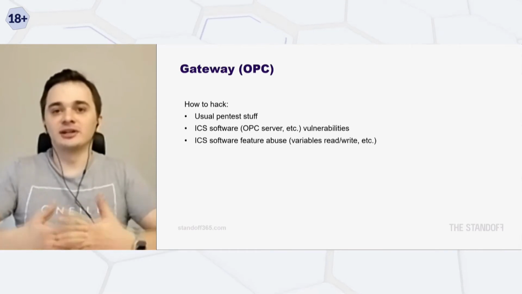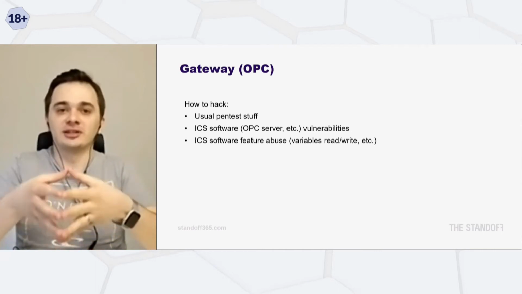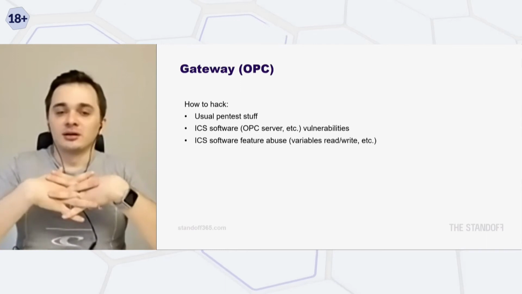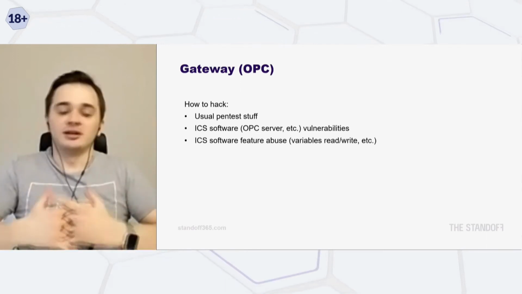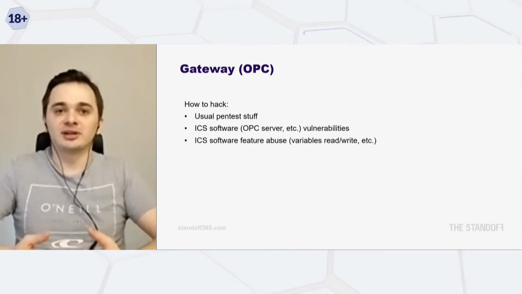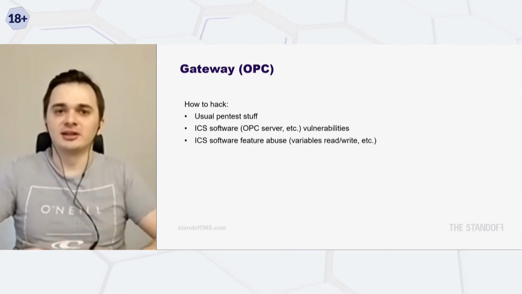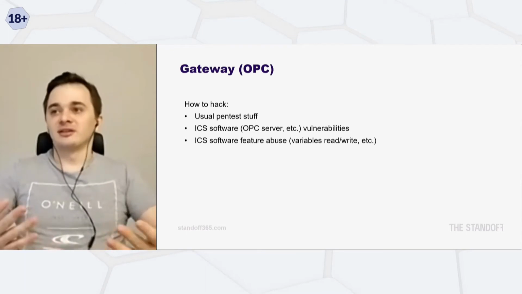And we begin with the OPC server. As I have already explained, the OPC server can be a border node between the IT network and another network. It can be somewhere on the network. It can be not just a node, but rather a code that runs on a machine.